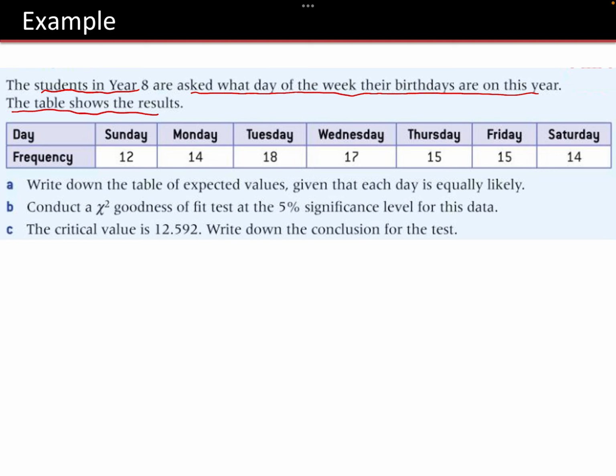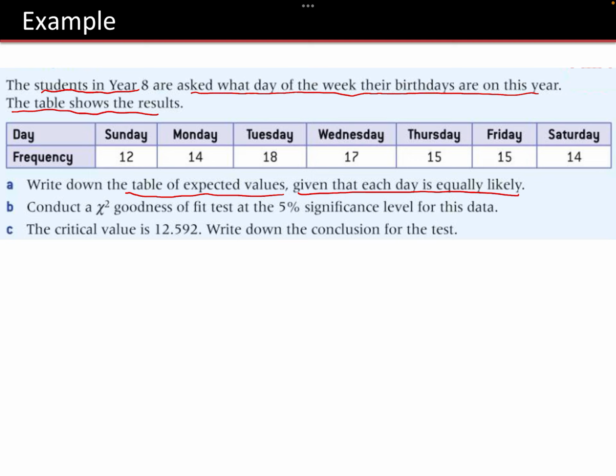So we are trying to write down the table of expected values given that each day is equally likely. Okay, so the question tells you that every day should have an equal number of students having birthdays, so we need to find out how many students would have birthdays from Sunday to Saturday, assuming there should be an equal number of students.